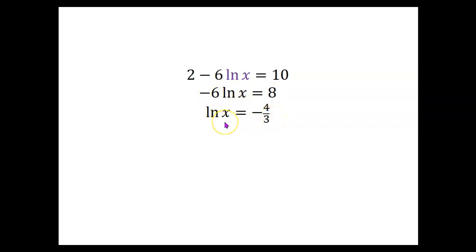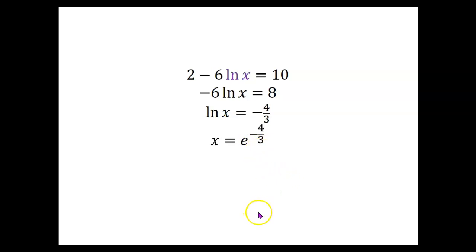So now we do have ln of x by itself on one side, and to go from ln of x to just x, to undo the ln, we exponentiate both sides. We take e to that. So e to the ln of x would just be x, and we have to do it to both sides, so that's equal to e to the negative 4/3. So the exact solution is e to the negative 4/3.